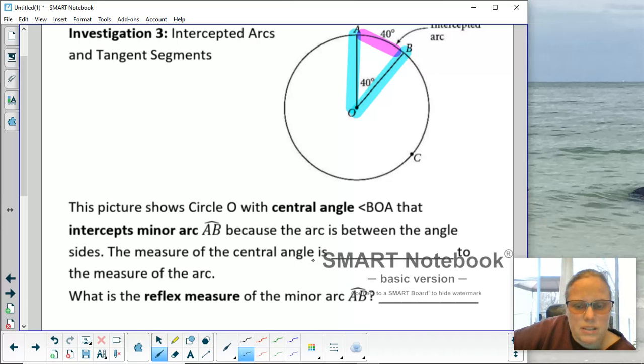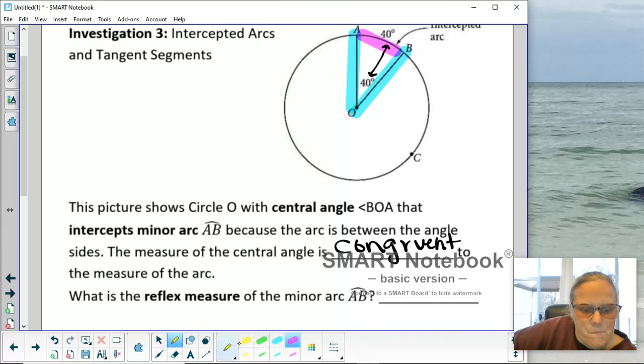The measure of the central angle is blank to the measure of the arc. And because these two are the same size, we would say that they are congruent. So the central angle and the intercepted arc are congruent.